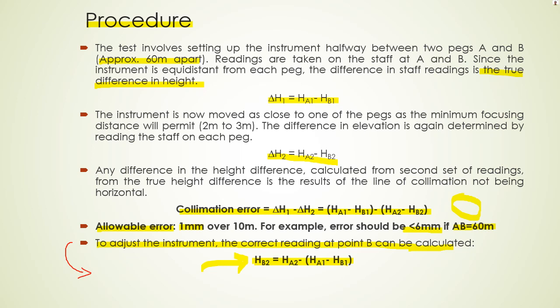If there is the error, we are not calibrating, we are not adjusting the instrument. We need to bring it to the supplier, so they are going to do that for us. But we need to know what is the correct reading it should be. We need to know how to calculate this value. But we are not doing the calibration. We need to bring it to the workshop to make sure that they can do it properly.